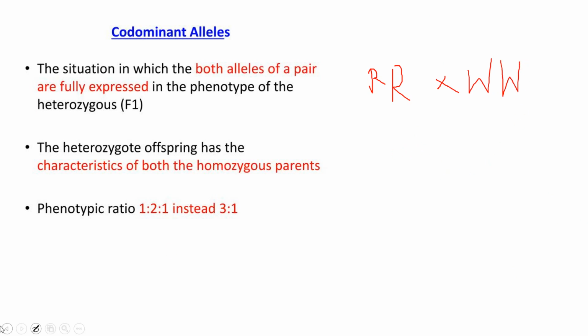This is the red color cattle and this is the white color cattle. Now when we are crossing, the gametes we got are gamete capital R and gamete capital W. So just cross it.